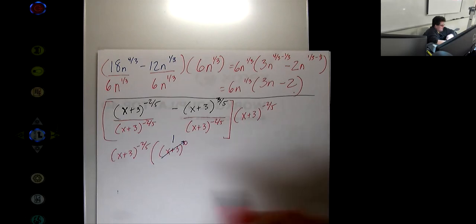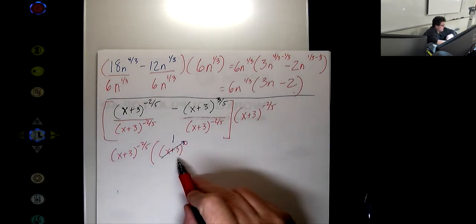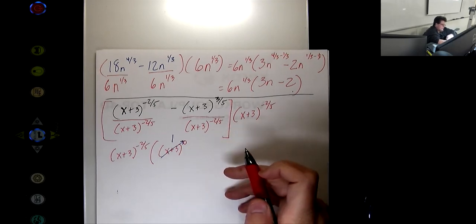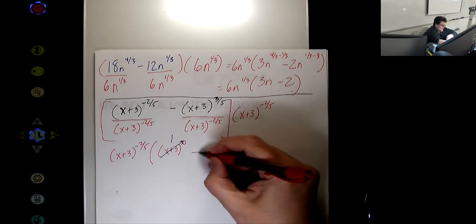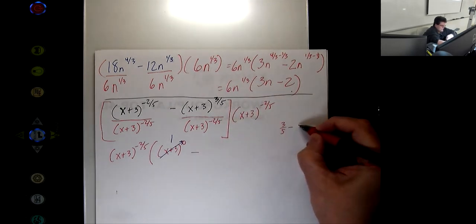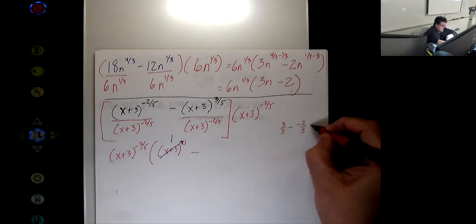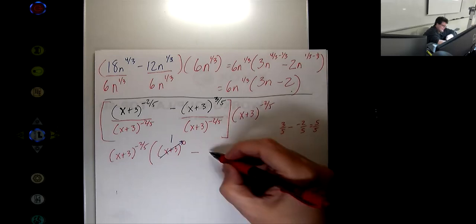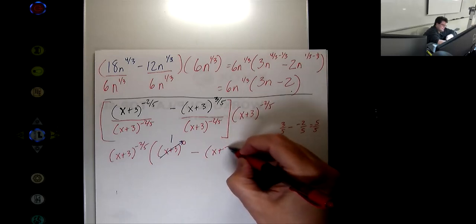So don't let the x plus 3 throw you off and think it just stays there. Anything to the 0 power becomes 1. Then we had minus, and I'll subtract these. 3/5 minus -2/5 is 5/5, which is 1. So I'll have minus x plus 3.